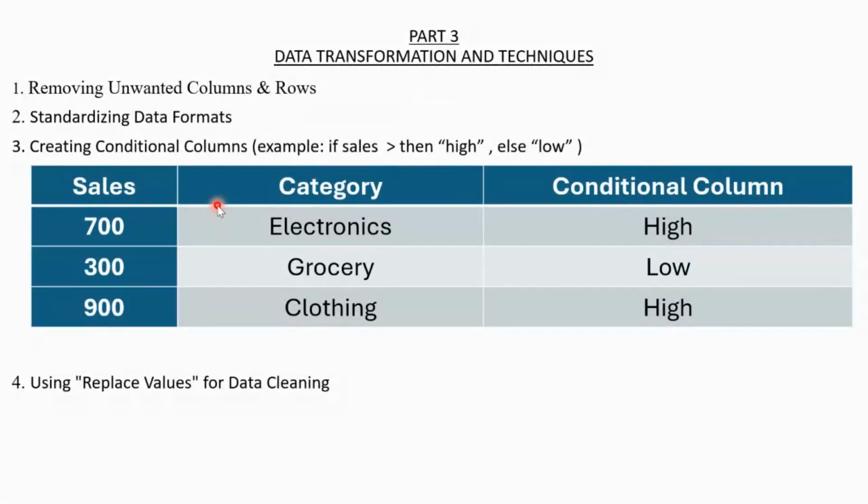Those people with more than 7.0 performance, you add a particular amount to their salary, and people between 5 points and less than 7.0, you add some amount. That is where creating a conditional column comes in.